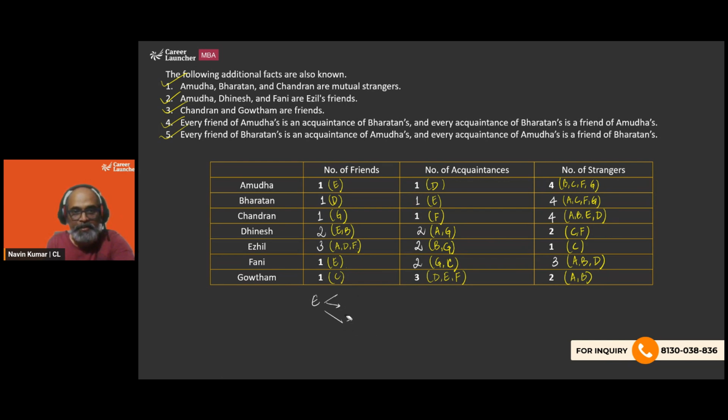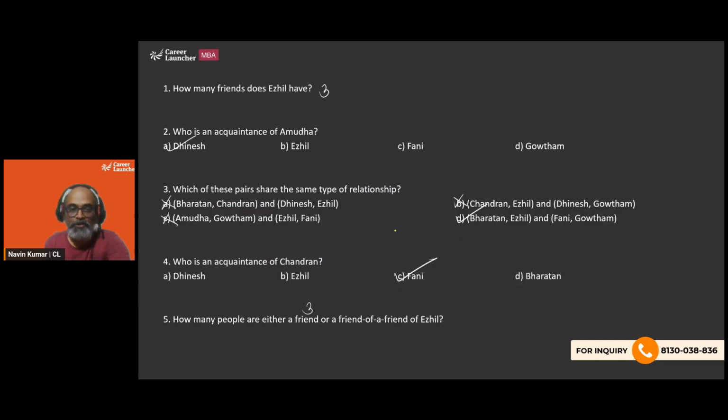We need friends and friends of friends. So E is friends with A, D, F. A is friends with only E, D is friends with E and B. And if you look at F, F is friends with E. So basically, there are only 4 people who are either friends of E or friends of friends of E, right? So the answer is going to be 4.